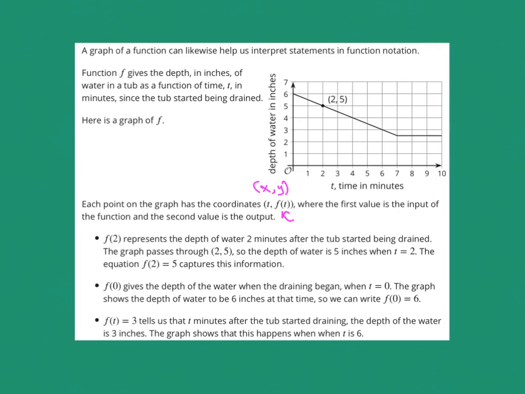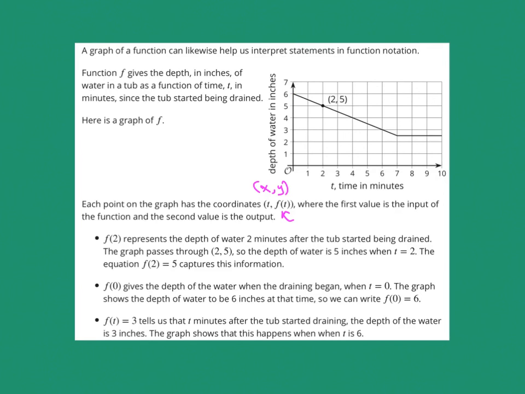So f of 2 represents the amount of water after 2 minutes. I follow the 2 up, I go over, f of 2 is 5. f of 2 equals 5 captures that information: 2 minutes after the tub started draining, there was 5 inches of water. f of 0 gives the depth of the water when the draining began, so the depth of the water was originally 6 inches.